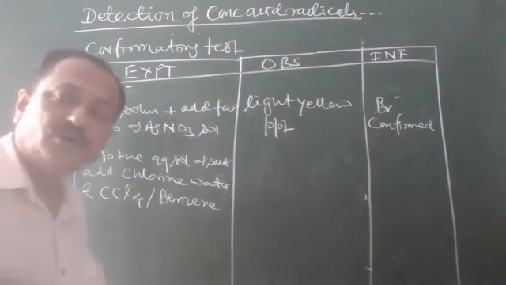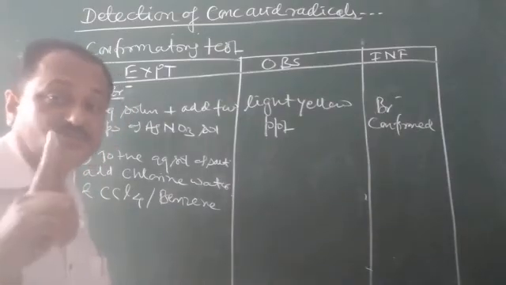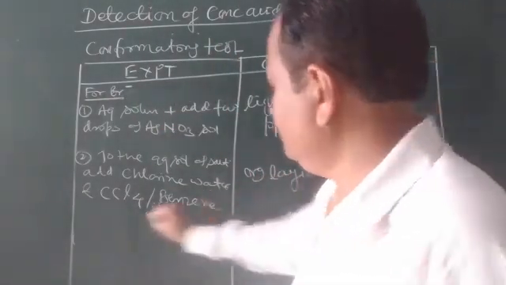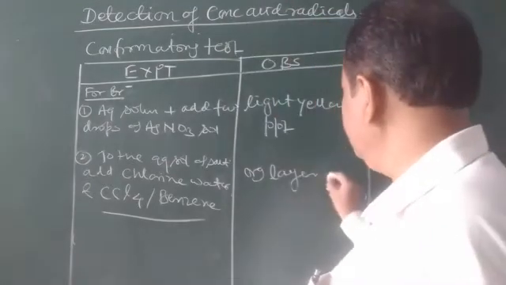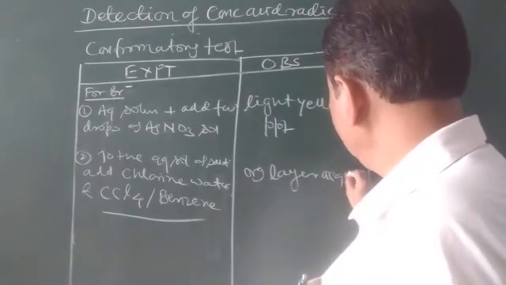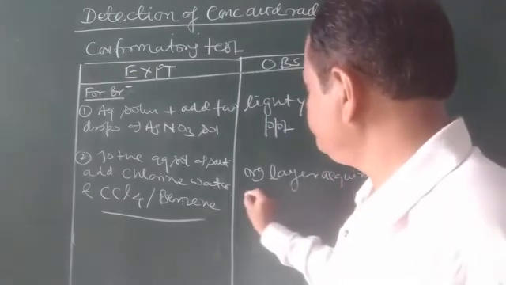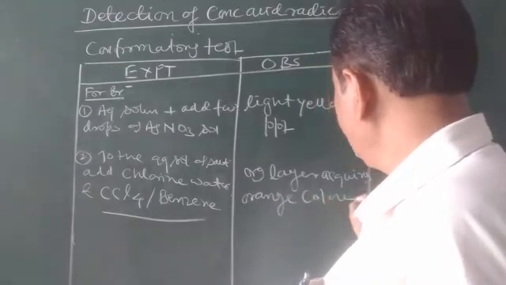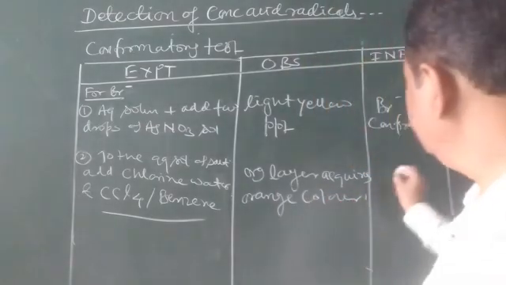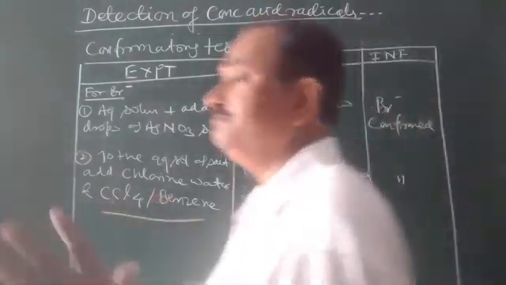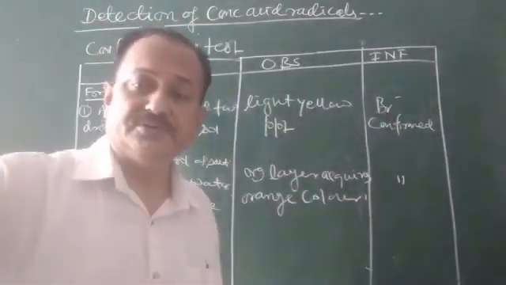We take any organic solvent which is insoluble in water. Organic means this layer. The organic layer acquires orange color, and so here we say that bromide is confirmed. So these tests are important ones.